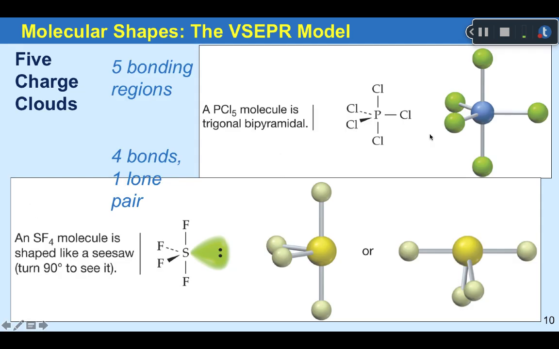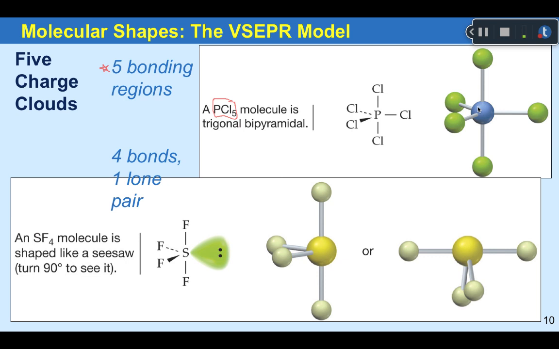So what happens and what examples might there be with 5 charge clouds? Well, you could have all of the 5 being bonding regions. That's the simplest example. Phosphorus pentachloride is an example of a compound that would have that type of geometry. Again, this would be something that's beyond an octet, because apparently phosphorus has 10 electrons around it in bonding arrangements.